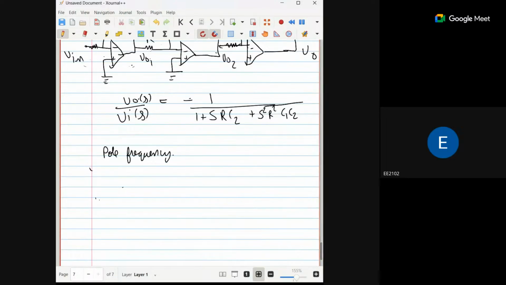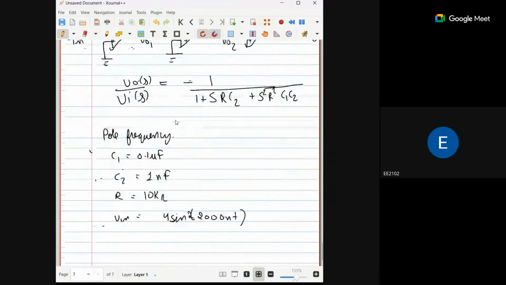In which C1 is given as 0.1 microfarad, C2 is given as 1 nanofarad, and all R is given as 10 kilo ohm, and the input signal is given as 4 sine 1000. Can you tell now what is used for pole frequency?